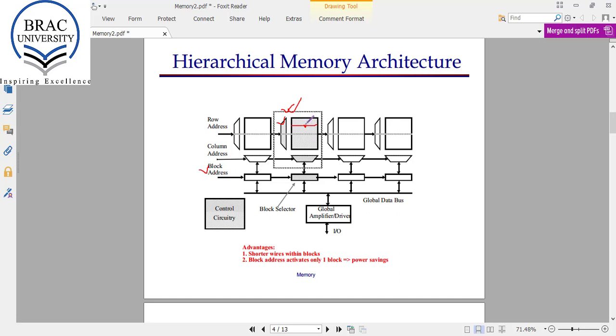Then if you want to take a particular cell, that can be done using this column decoder circuit. And the outputs from these, the IO lines, are connected with a global data bus from where we can extract the data, or using the data in that bus we can write data into the memory cell.